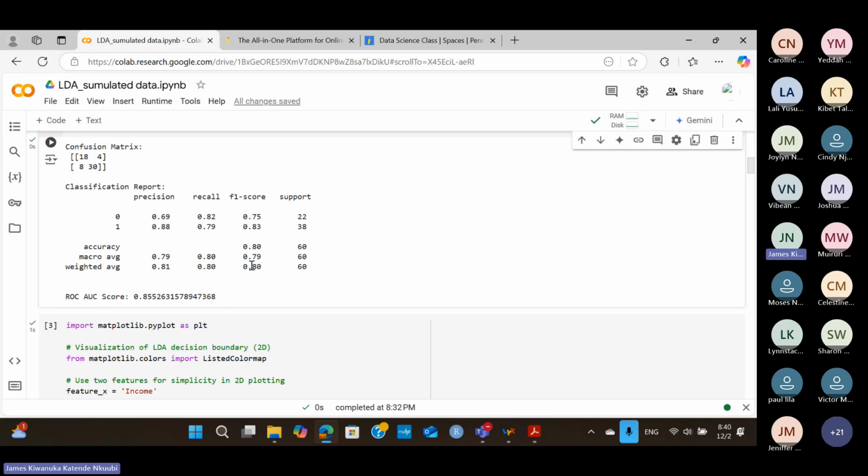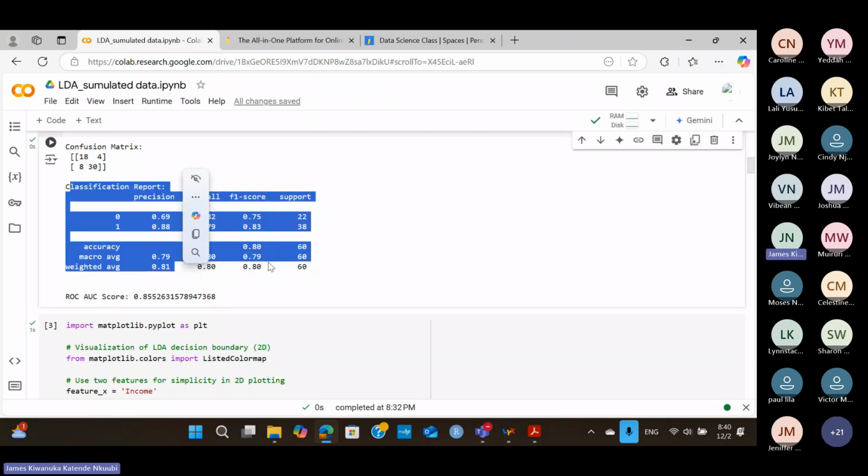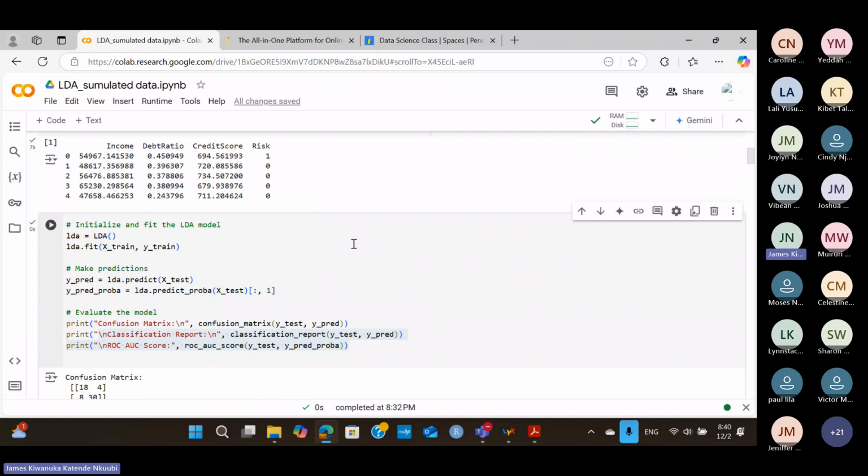But like I said, I'm not interested in these metrics, just focusing on the linear algebra. If you haven't done this before, this is all you need up to this point. It will run LDA and give you the confusion matrix.